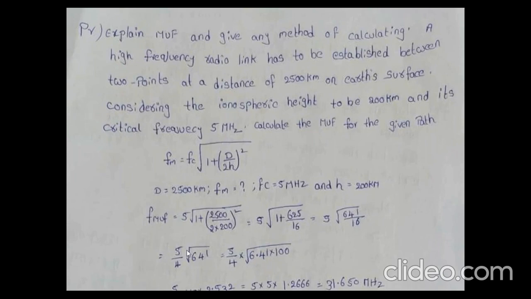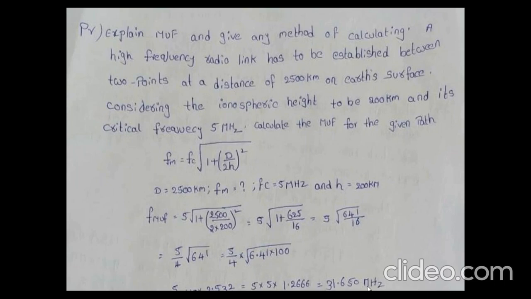When you solve this, it is 5 by 4 into square root of 641, which is 5 by 4 into square root of 6.41 into 100. That is 5 by 4 into 10 into 2.53, which comes to 31.65 megahertz.